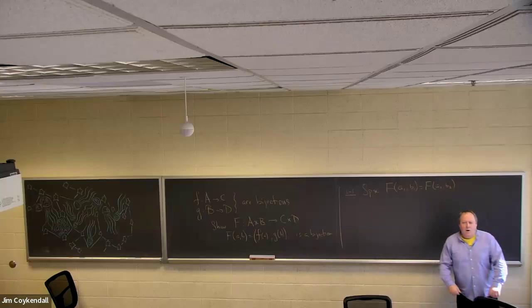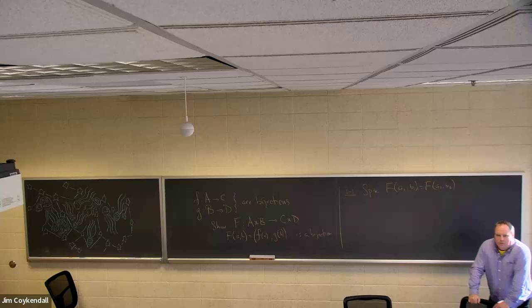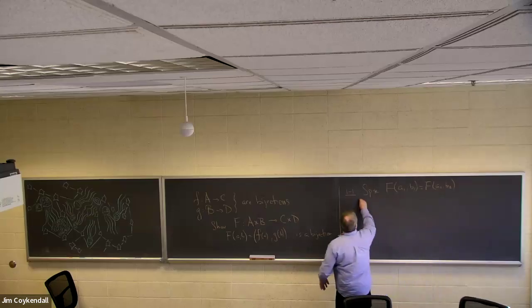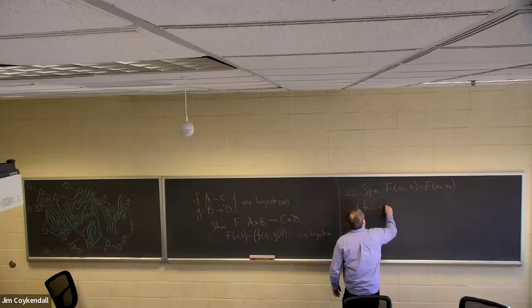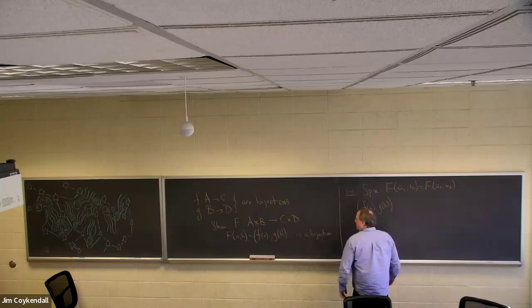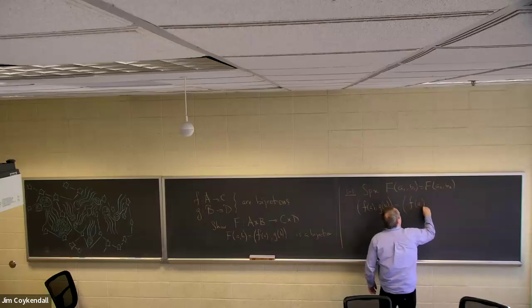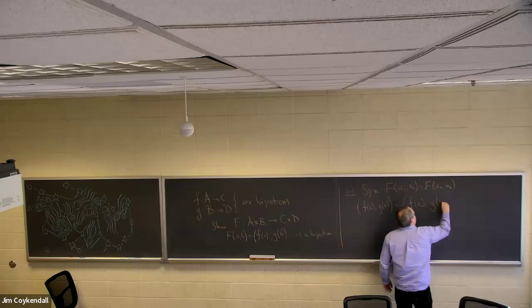What do we have to do? We need to show that those two inputs, the A1 comma B1 and the A2 comma B2, are the same thing, right? So what does this mean? Well, this means that F of A1, B1 equals F of A2, B2.